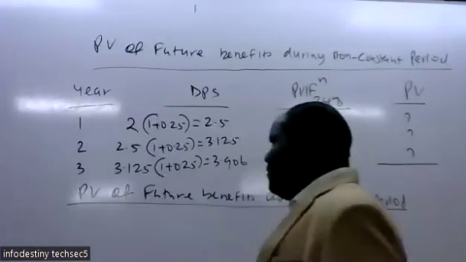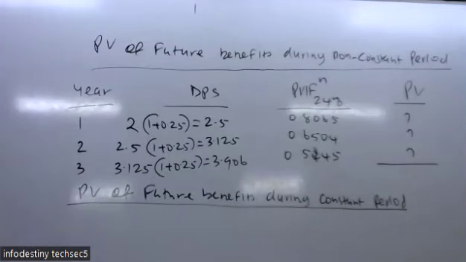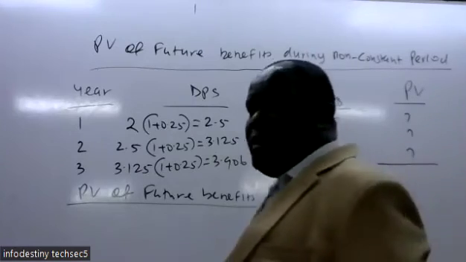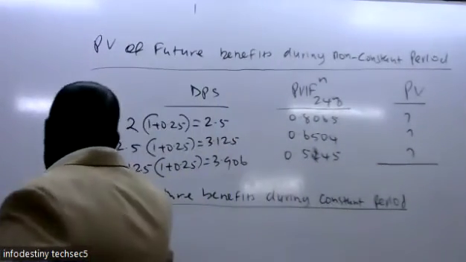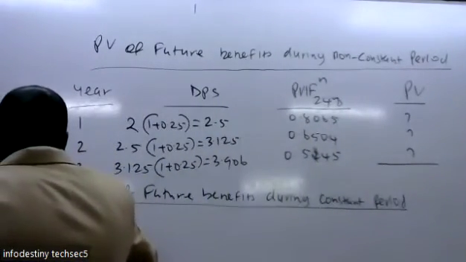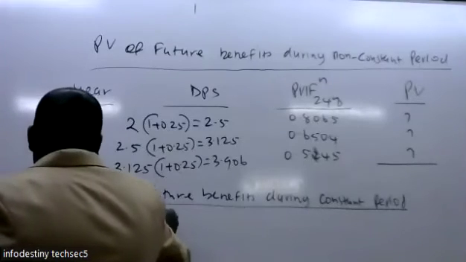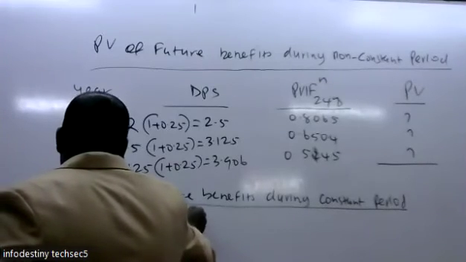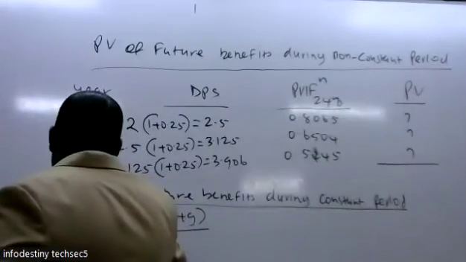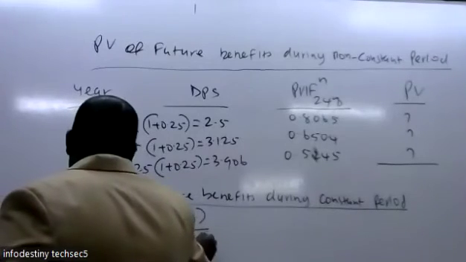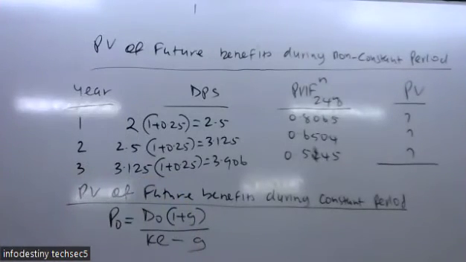When it is the constant period, P0 should be equal to P0 in brackets of 1 plus g, divided by Ke minus g.